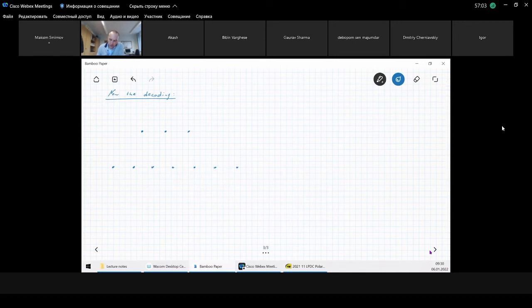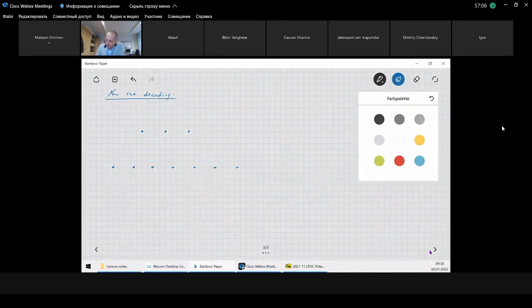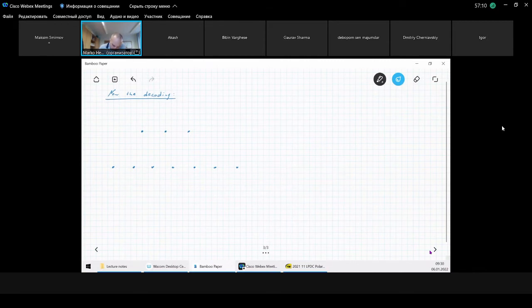And let's draw the links. So we have the first bit going to the first check node, second, third, and the first parity bit going in here.